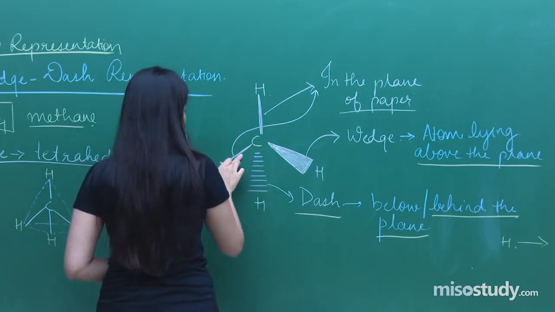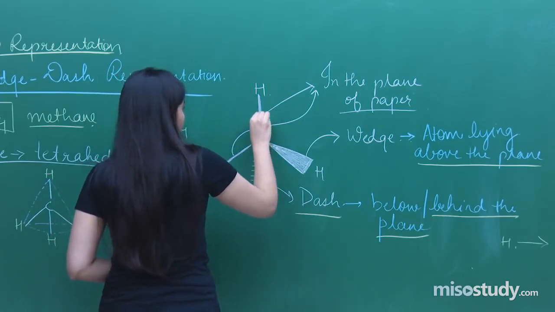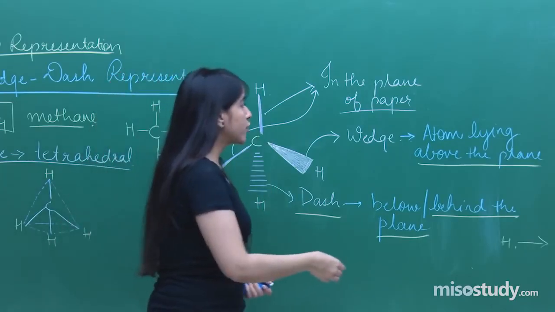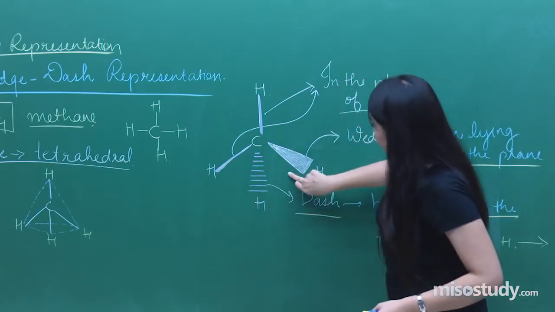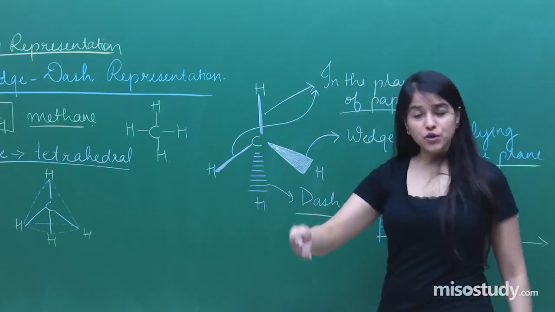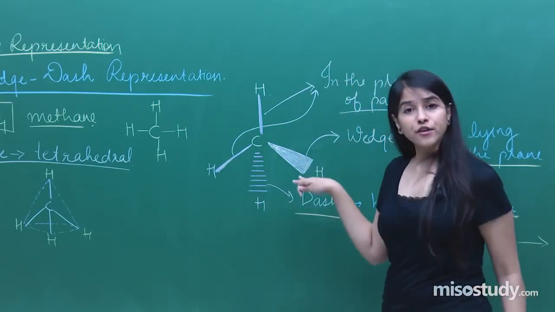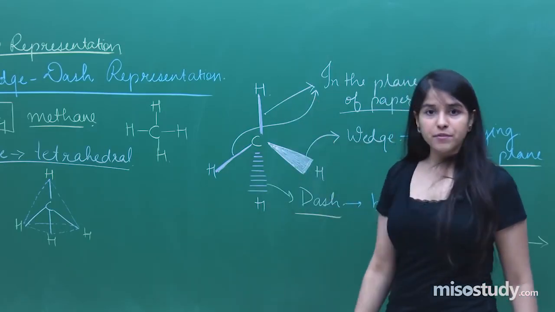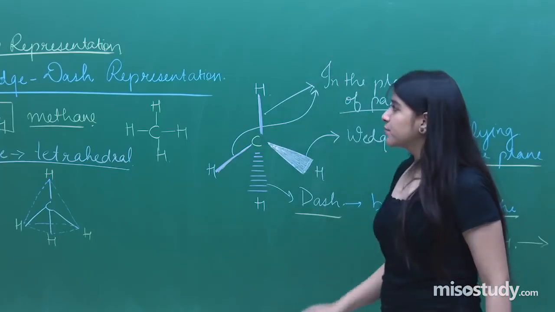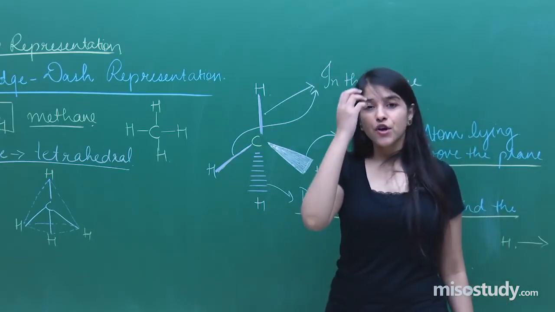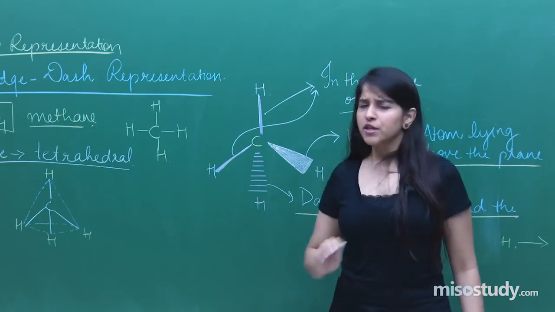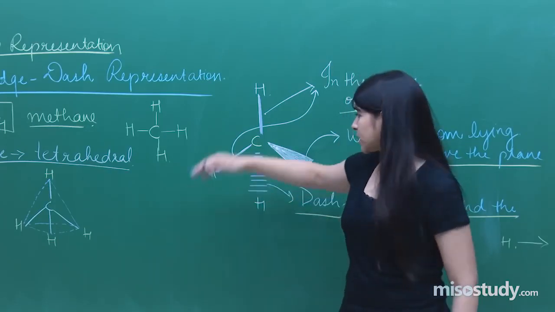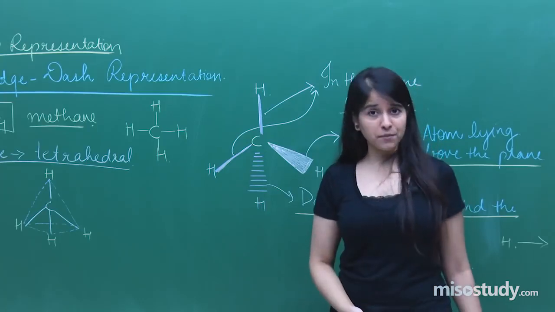These are the two which are lying in the plane of paper, or the plane of the board, you can say. This is the wedge which is lying towards you. The dash is lying away from you, that is below this plane, behind this board. I hope everybody has got it. That is how we represent a 3D representation for an organic molecule. You need not go into the detail. We will definitely be discussing such representations in detail in later chapters.